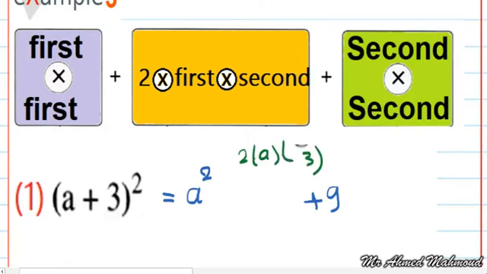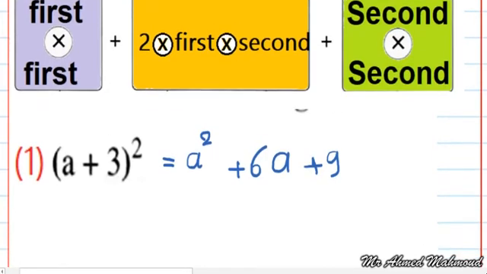Okay, 2 times 1 times 3 equals positive 6, and drop down a, then the final answer will be 6a. Then the result will be a to the power of 2 plus 6a plus 9. Okay, next one.